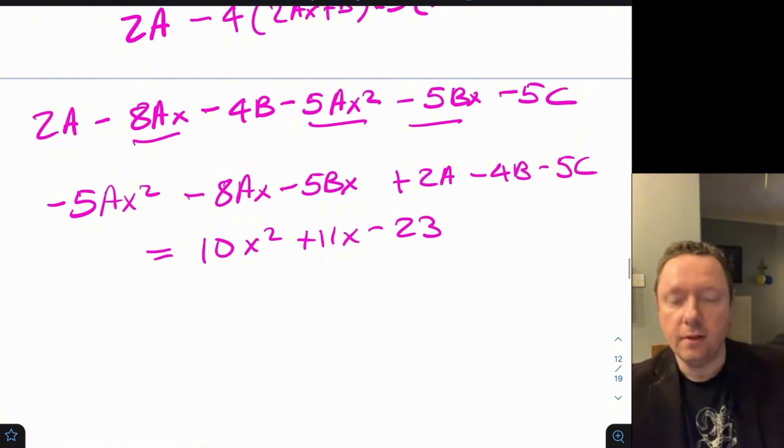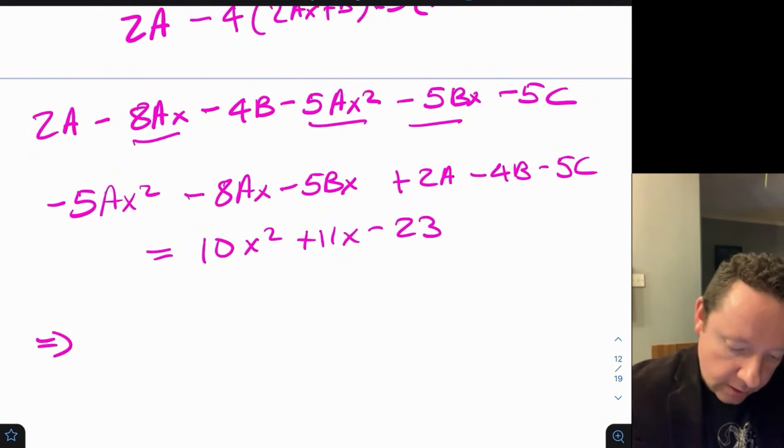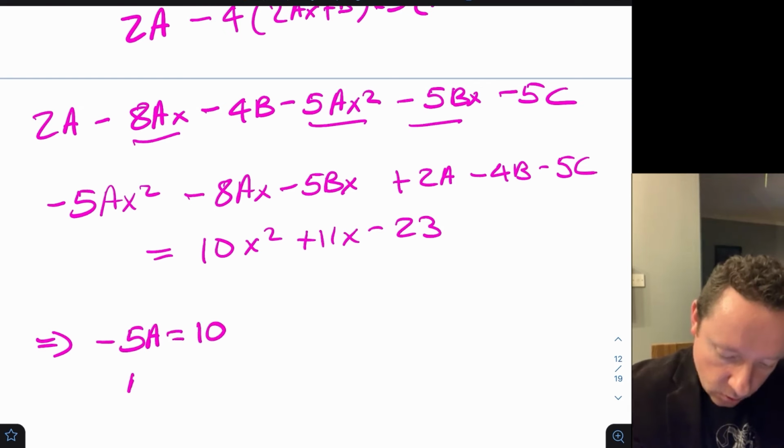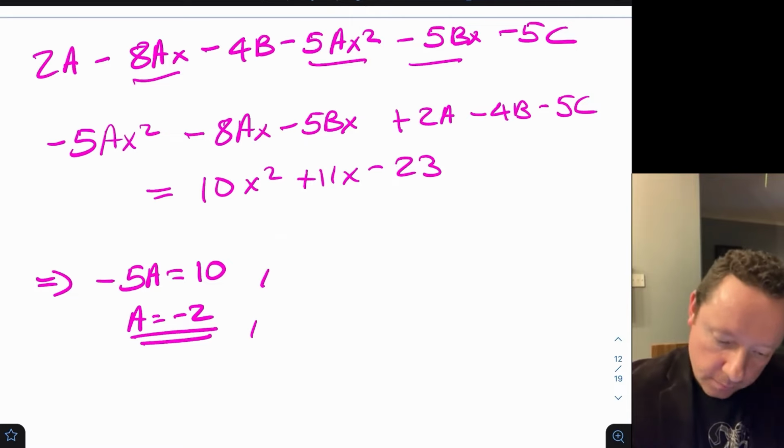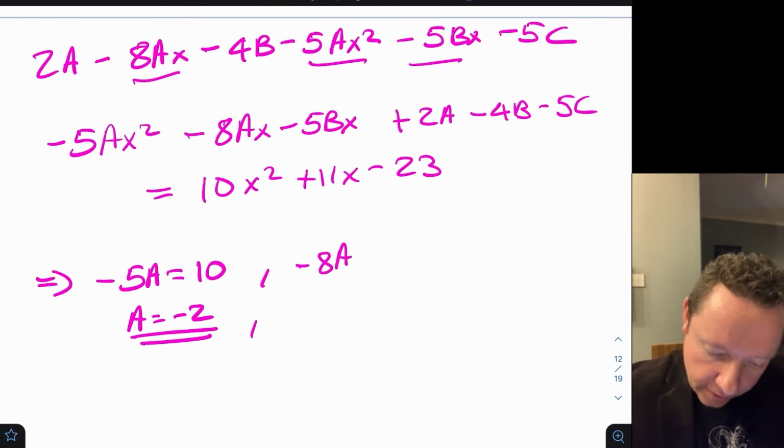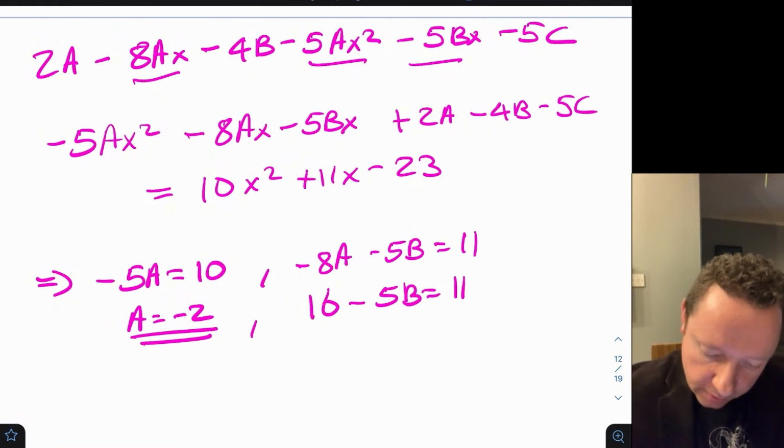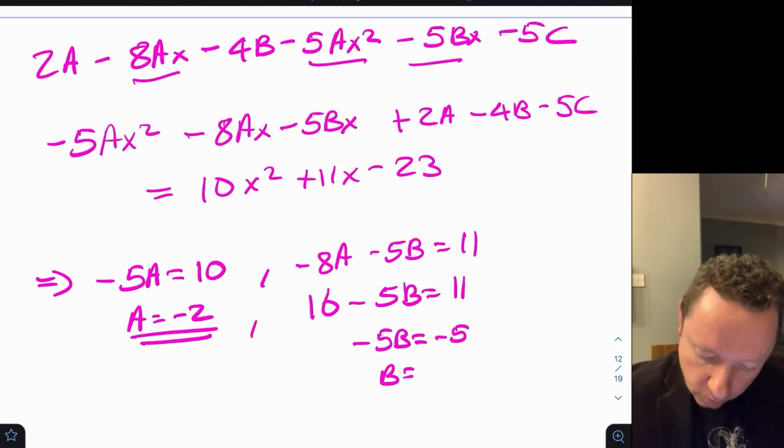So equating the left and the right hand side, that implies that minus 5a is equal to 10, so a is equal to minus 2. Looking at our x terms, we have got minus 8a minus 5b equals 11. Minus 8 times minus 2 is 16, minus 5b is 11, so minus 5b is minus 5, so b is equal to 1.